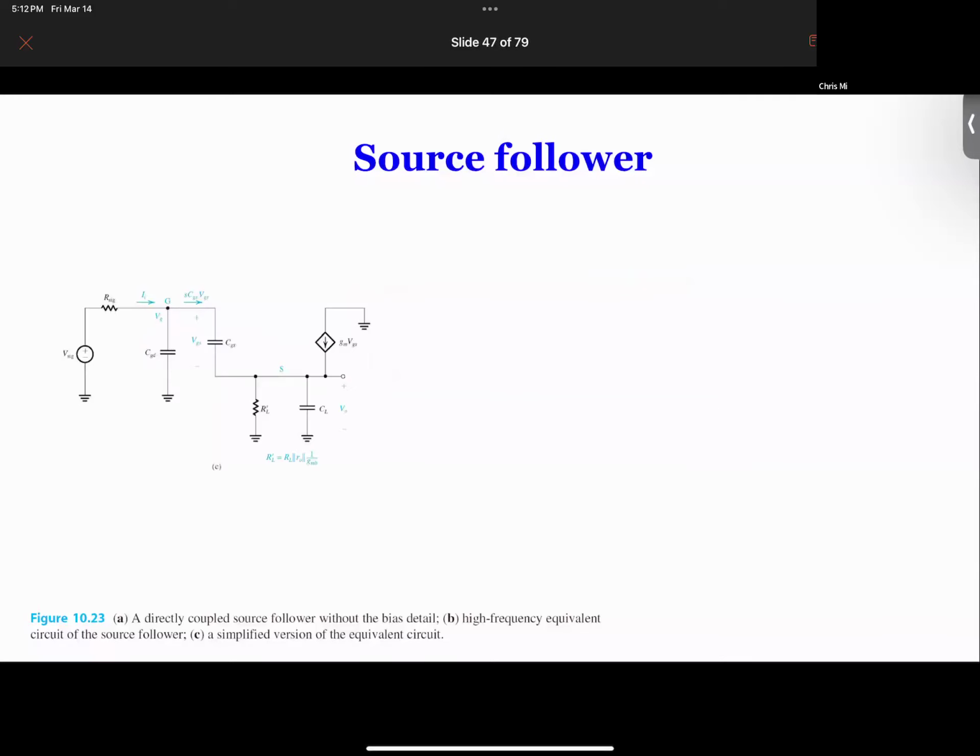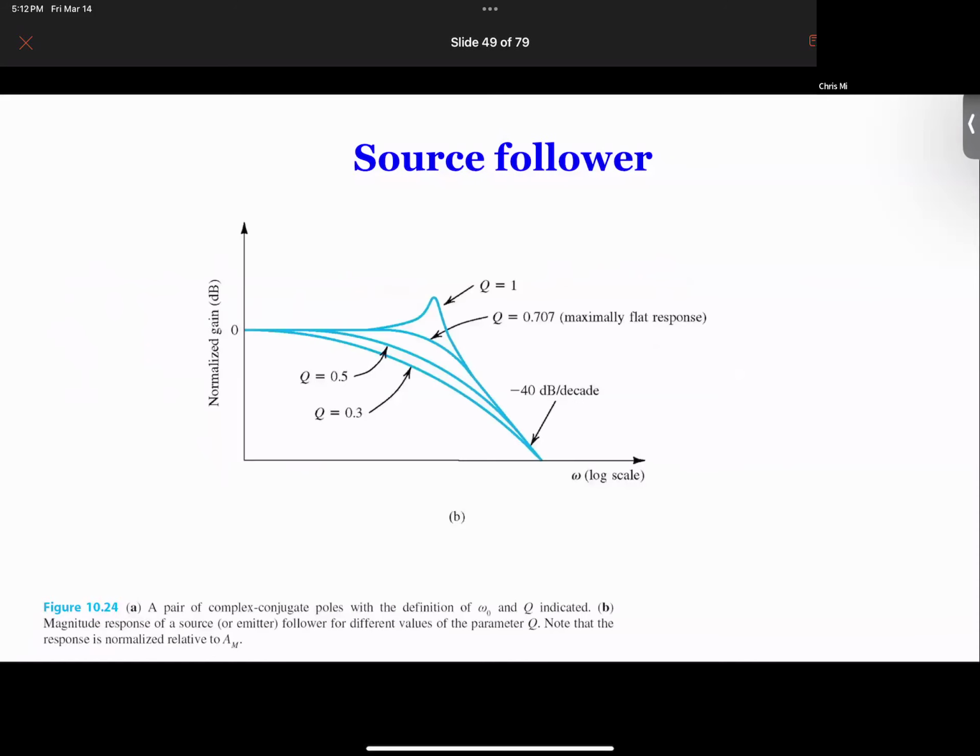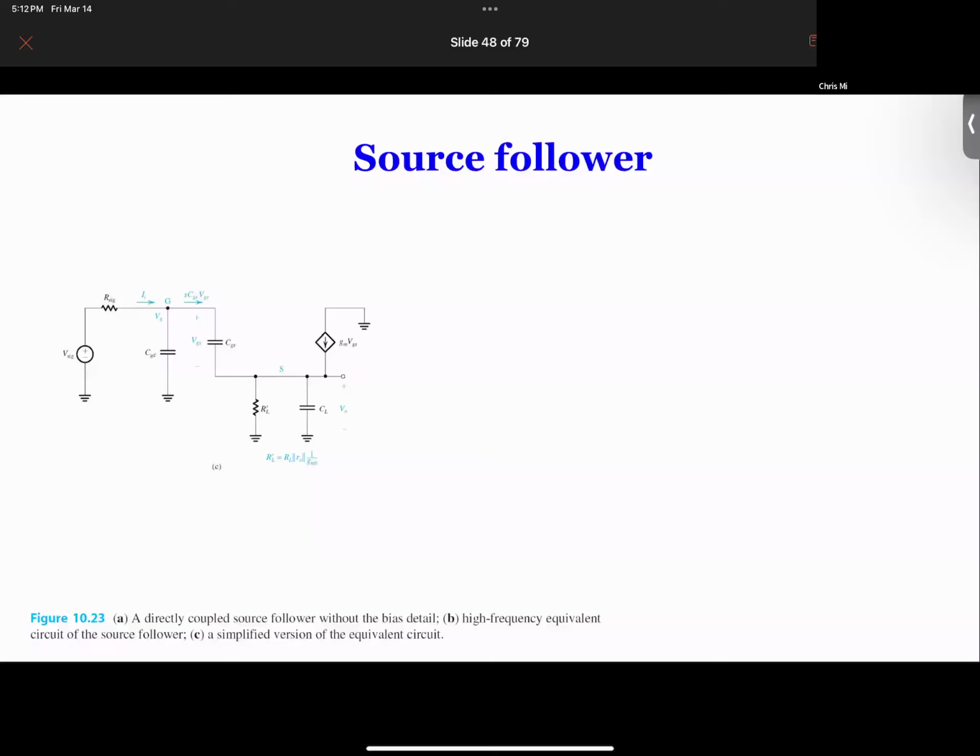By doing this nodal analysis again, I already did the equation, so we're not going to rewrite it here. But once you get the relation, you'll find that your H(s) is basically going to be a complex expression. Let me write this down because this will make it easier to explain.